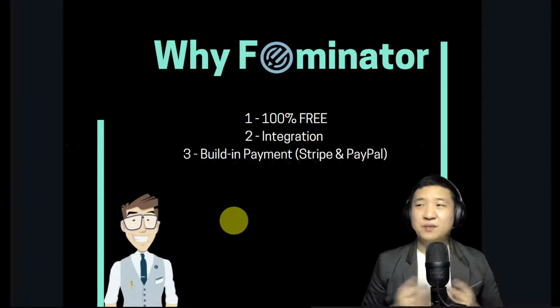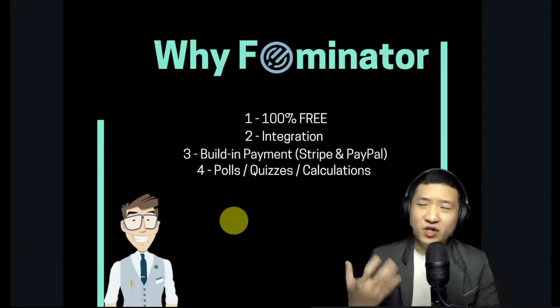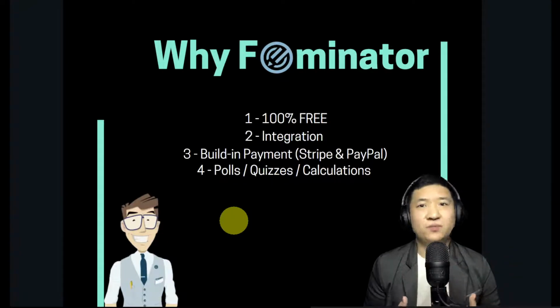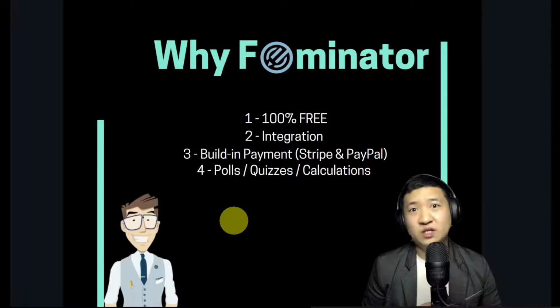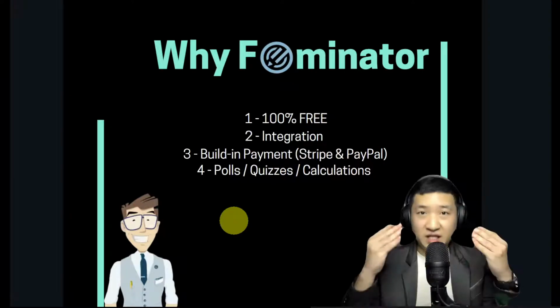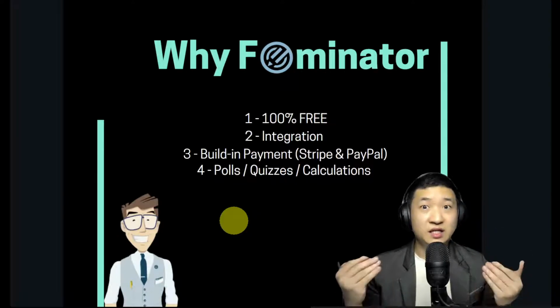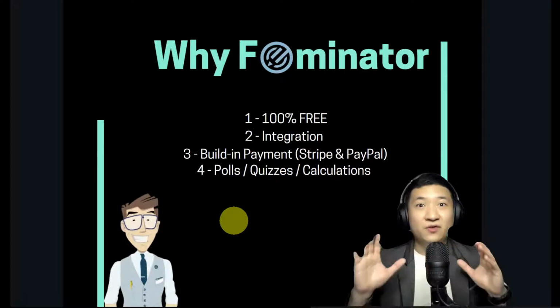Then the number four reason why I choose Forminator is you are not just creating a simple form, you can also create a post, a quiz, or even do a simple calculation. For example, you have a loan calculator on your website, you want people to key in certain requirements so that they get a quotation right away. Forminator can do that.